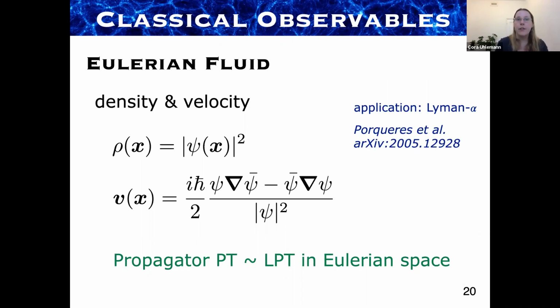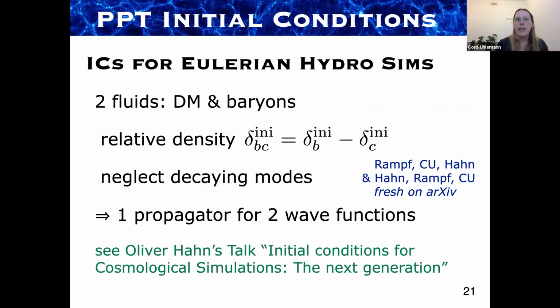And this proves very useful for field level predictions at high redshift, for example for the Lyman alpha forest, as has recently been shown by Porqueras et al. in a recent arXiv paper. And similarly, propagator perturbation theory can be used to set initial conditions for numerical simulations. This is particularly relevant for hydrodynamical simulations that need Eulerian fields as an input.